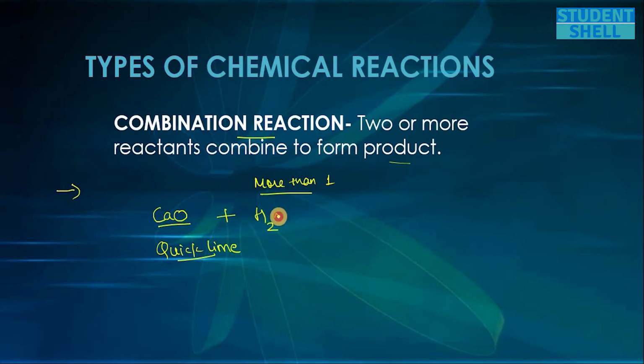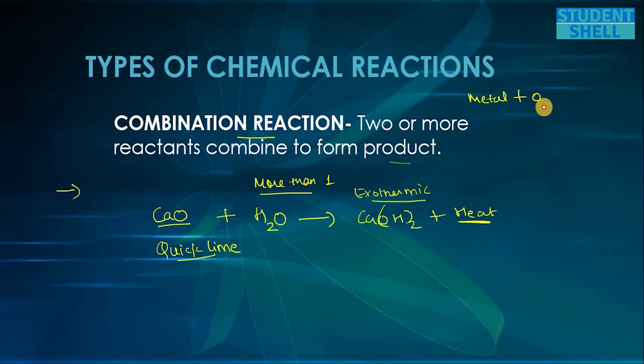When I react it with water, this is an exothermic reaction. So what happens here is, as I said, in exothermic reaction, along with the product, a large amount of heat will also be released. Now whenever a metal reacts with oxygen, it forms metal oxide.